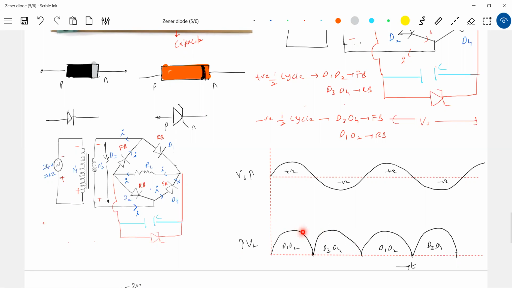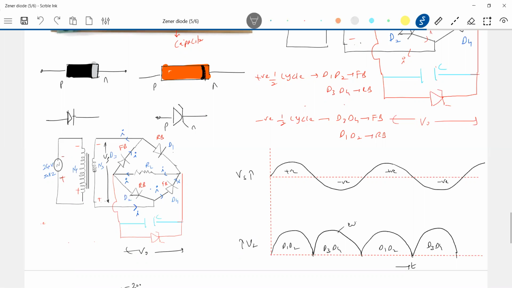If I put a capacitor, how will the graph be? You have to put lines like this here. Still there's a fluctuation. How to smooth it out? Put a Zener diode, and now measure the voltage. If you measure Vout, it will be a straight line. But if you measure the drop across the resistor, it will be like this. With capacitor, without capacitor, Zener diode, this is the output.